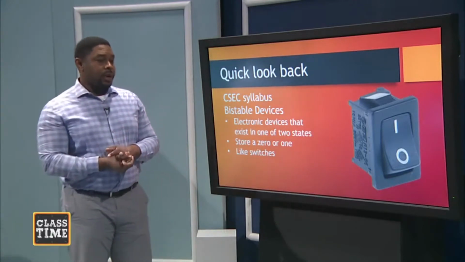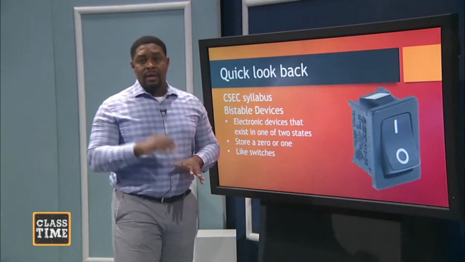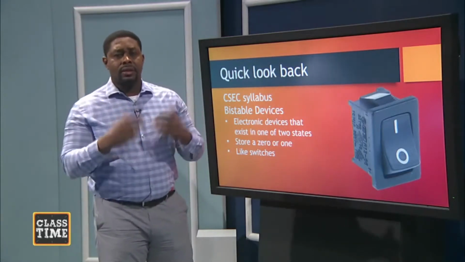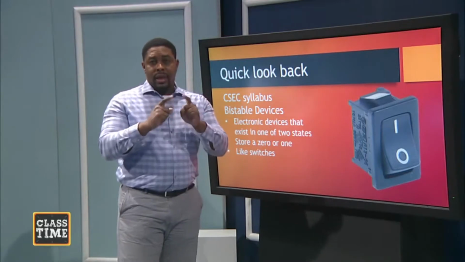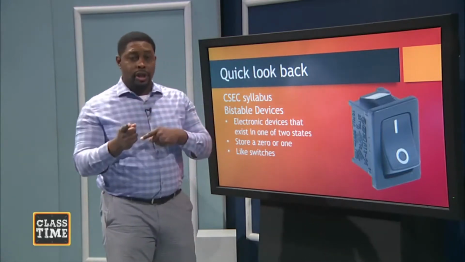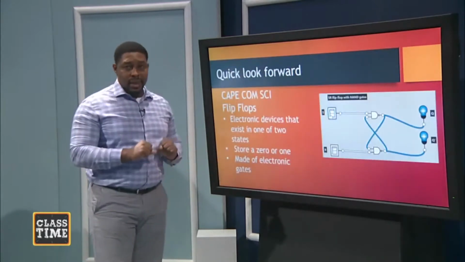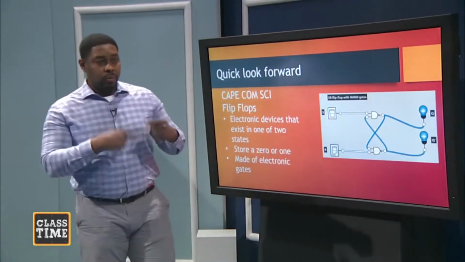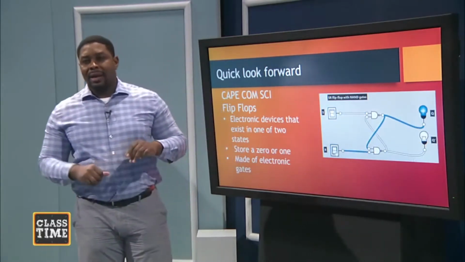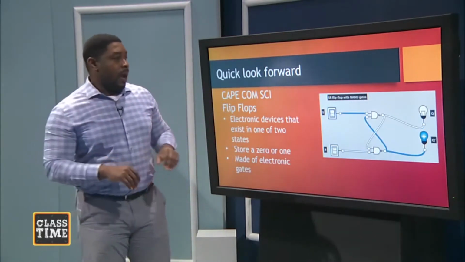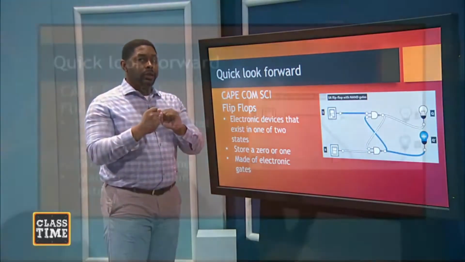Some of you might remember the use of what we call bistable devices. These bistable devices are basically devices that store charge, essentially. They will stay in one state until told to change. Those of you who might be doing ComSci will learn about flip-flops and others. These are basically devices that run on electricity.